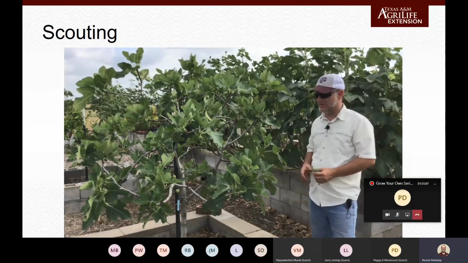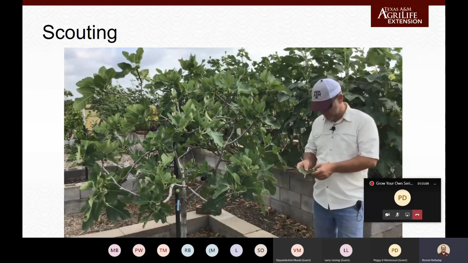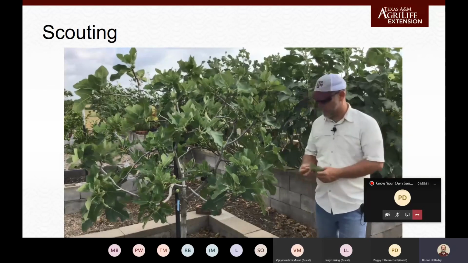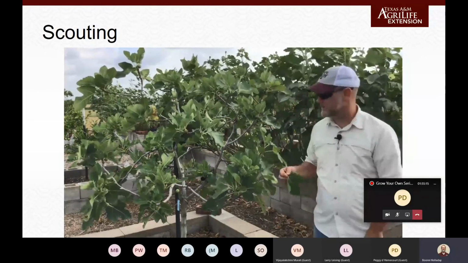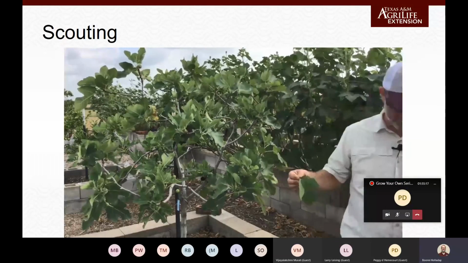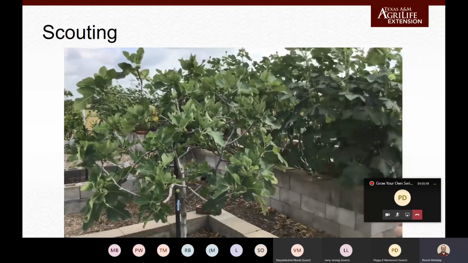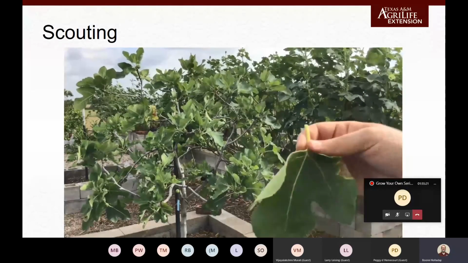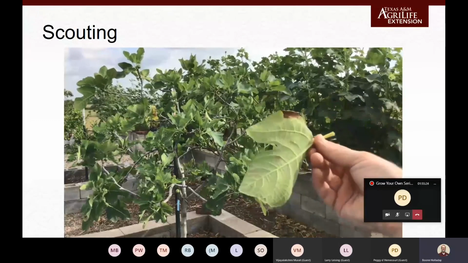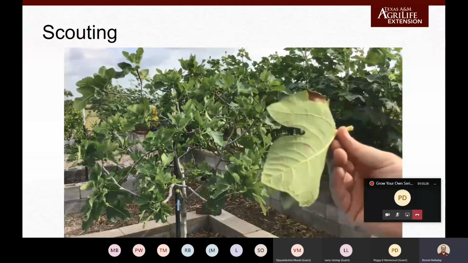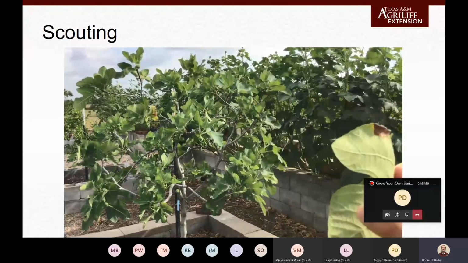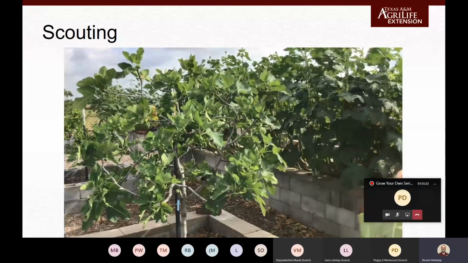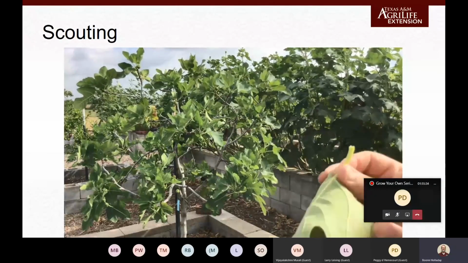One thing I would like to just go through with this real quick. Figs in our area along the coast with our high humidity, they tend to succumb in the summer to a pathogen. And I'm going to try to get this up kind of close here. Now this leaf right here, if we can see underneath here, there's little rusty spots starting to pop up over on this side.